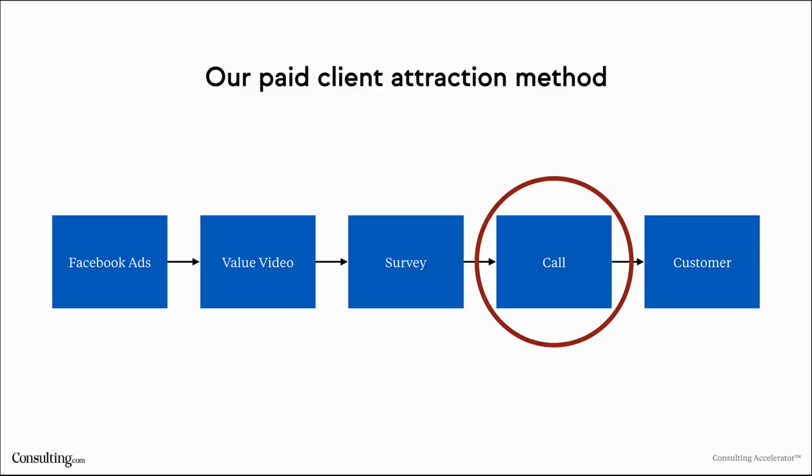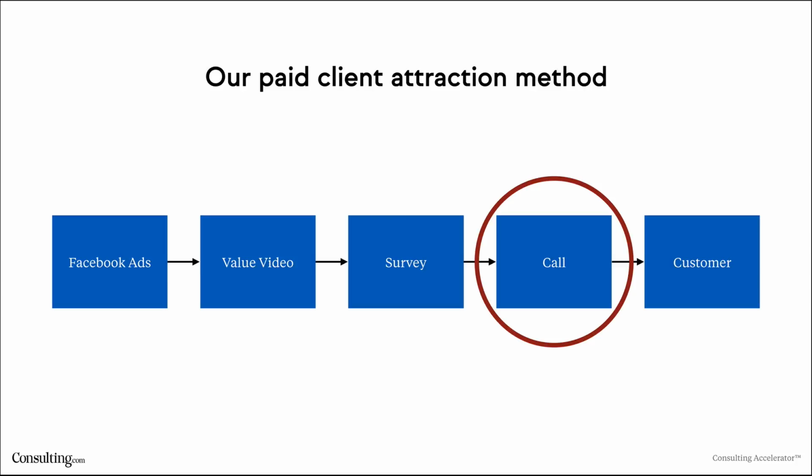And so at that exact time, I, the consultant, am going to be calling the prospect at the exact time, and then I'm going to take them through the conversion script, which we have, and then I'm going to sign them up and they're going to become a customer.